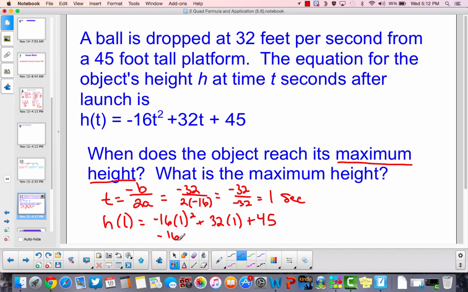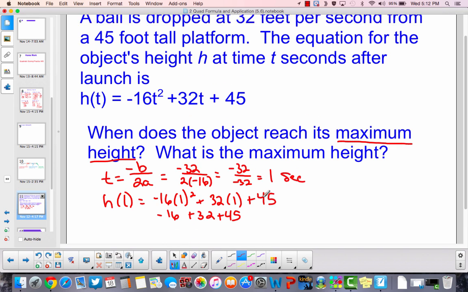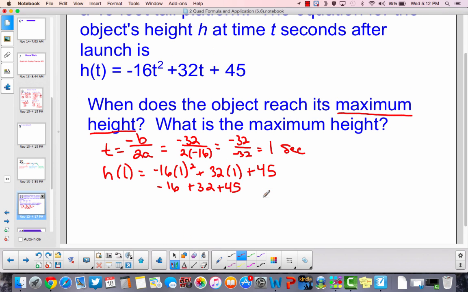This becomes negative 16 plus 32 plus 45, which is 61. So what is its height after 1 second? It is 61 feet high. And that's our answer for that.